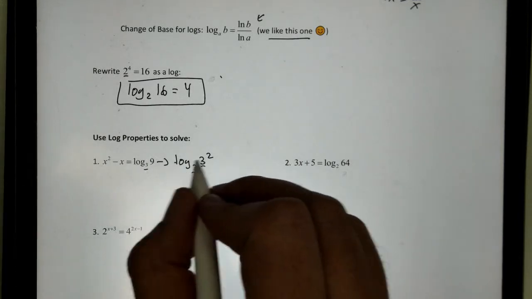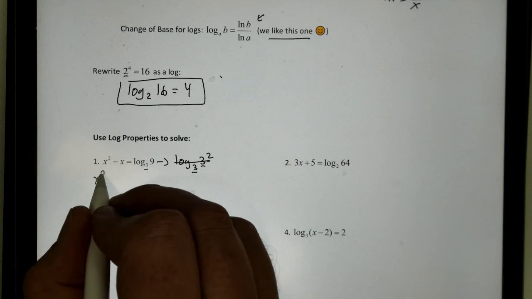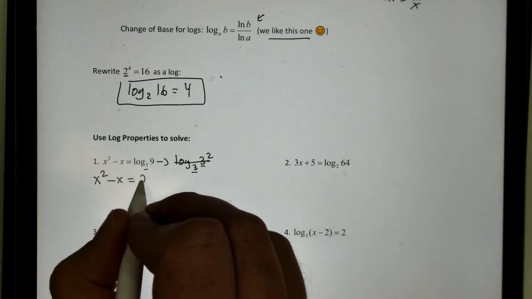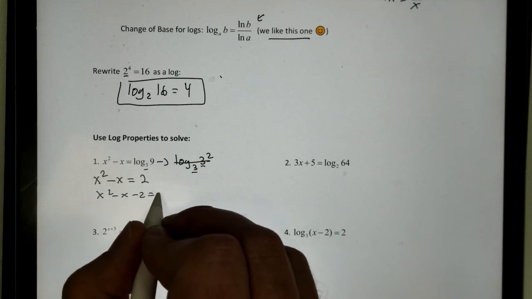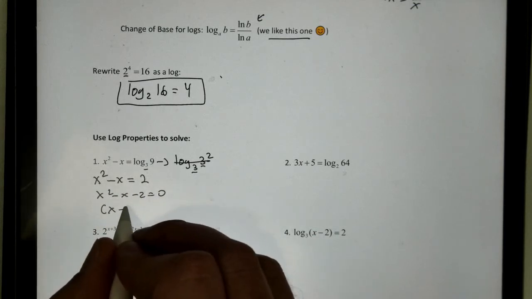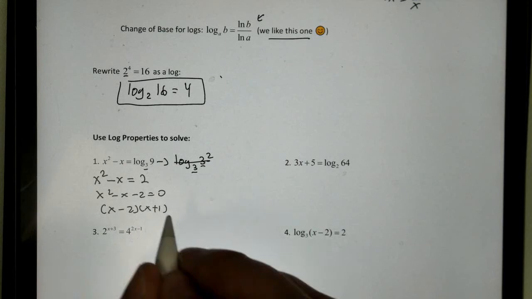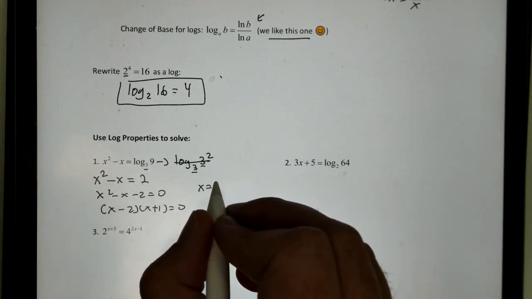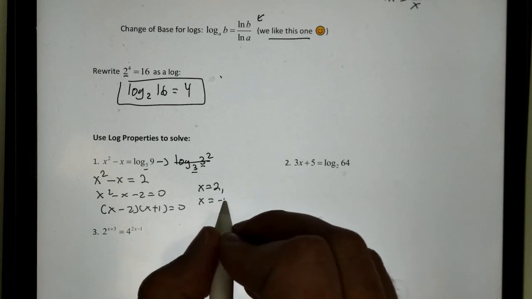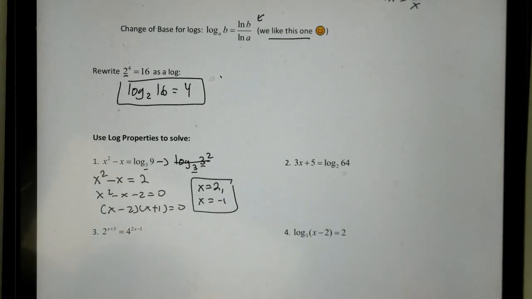And once they're the same, they just cancel out. What we're left with is x squared minus x equals just 2. Then I can solve this one. X squared minus x minus 2 equals 0. Factor like an actor, driving a tractor. We're going to factor that: x minus 2, x plus 1. And we get our two answers: x equals 2 and x equals negative 1. And there's our answer right here.